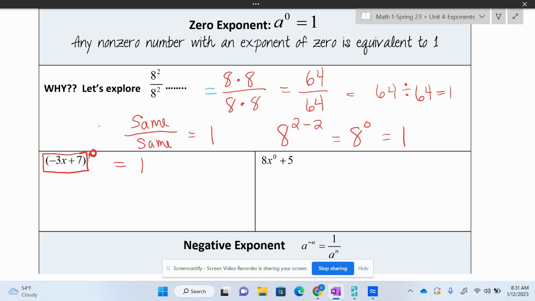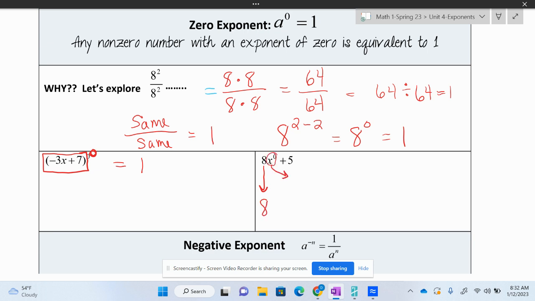Let's look at this next example. What is being raised to the power of 0? What is that exponent attached to? It's only attached to the x. So the 8 stays the same.